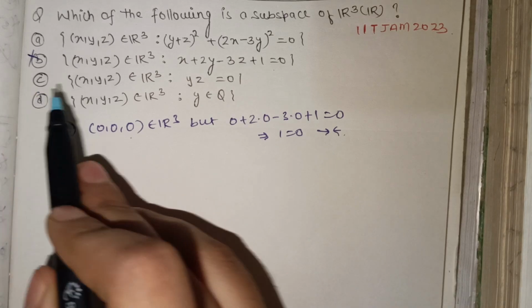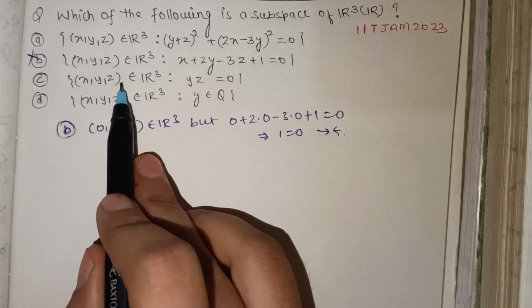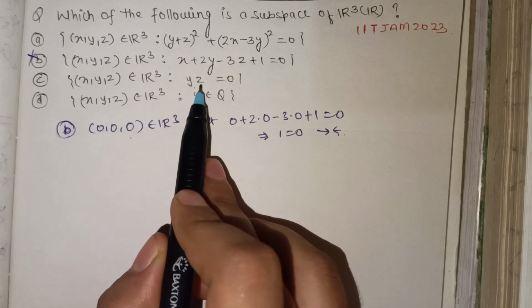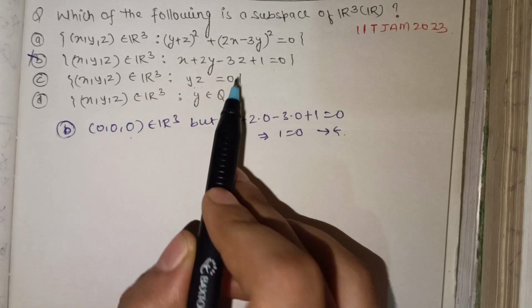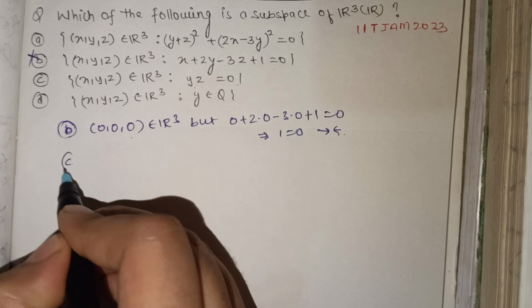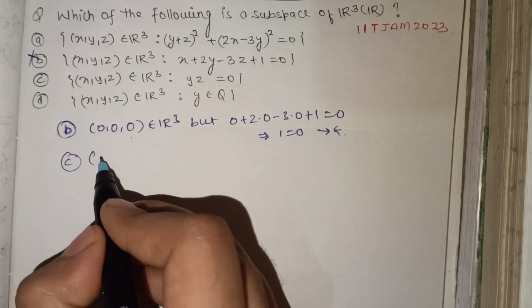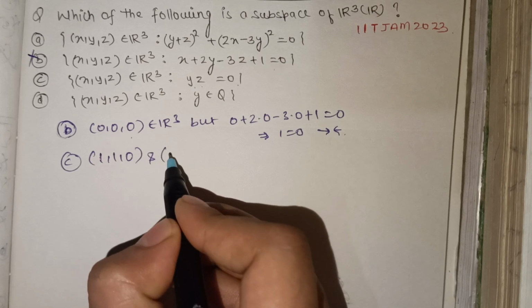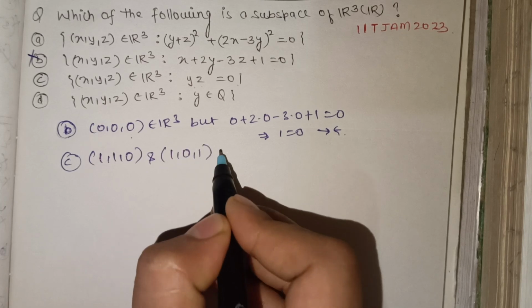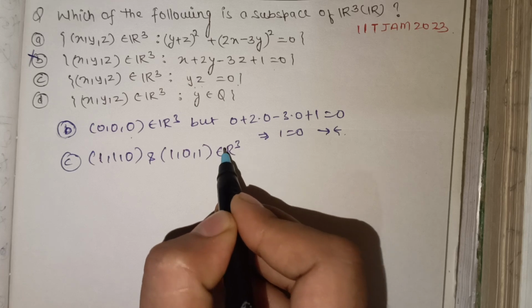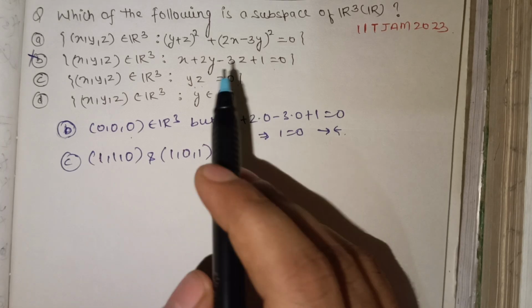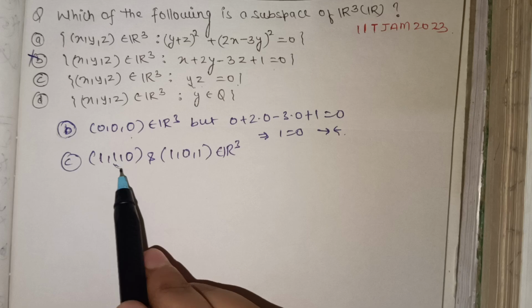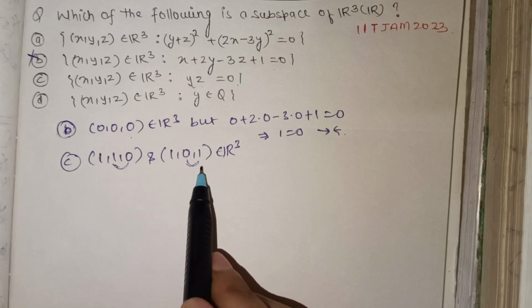Now option C, the set of all x, y, z belongs to R3 such that y into z = 0. This option is also discarded. Example: (1, 1, 0) and (1, 0, 1) both belong to R3 and satisfy this condition, y into z = 0.